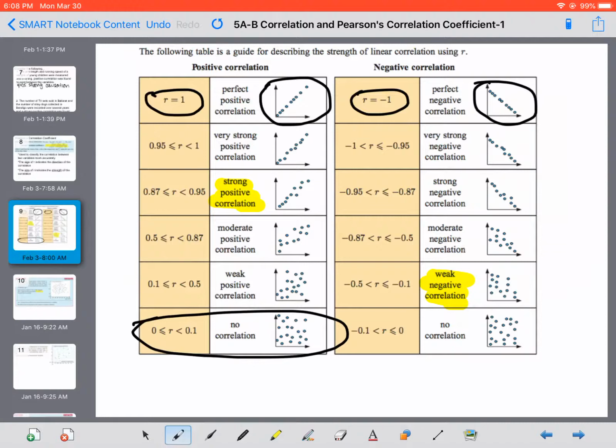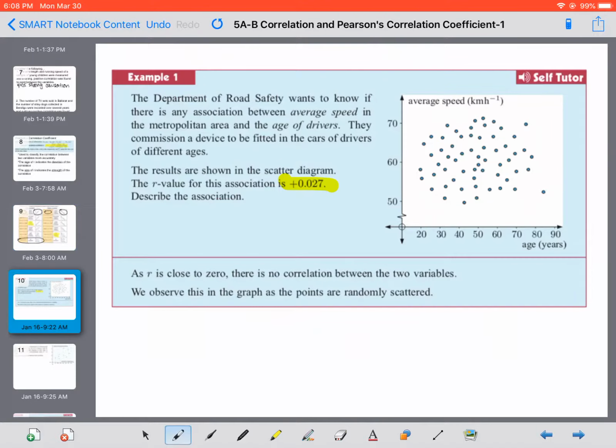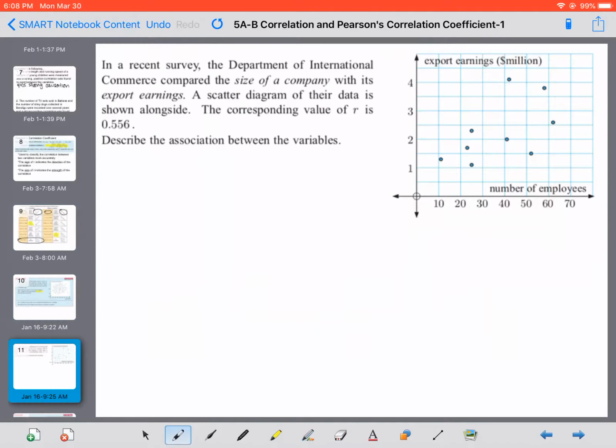Let's look at another problem. Here is the Department of International Commerce, and it's comparing the size of a company with the earnings of it. And it found that our R value is 0.556.